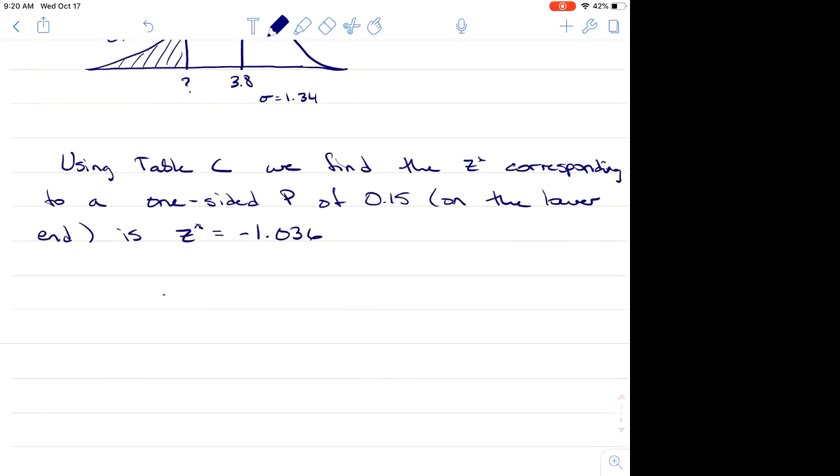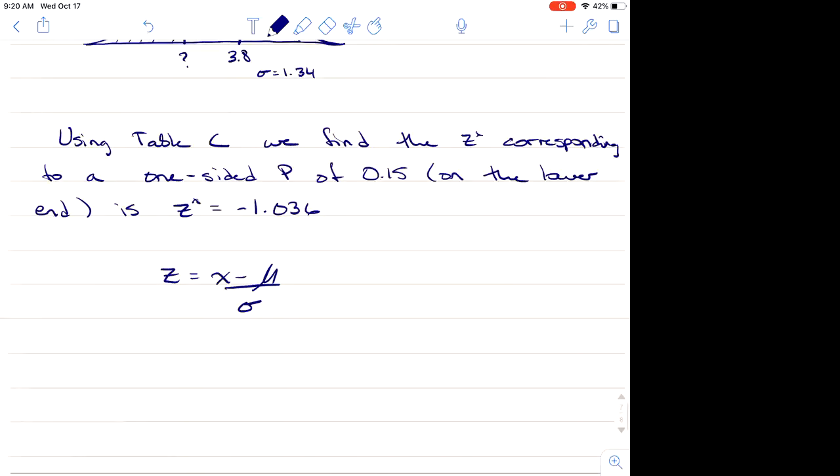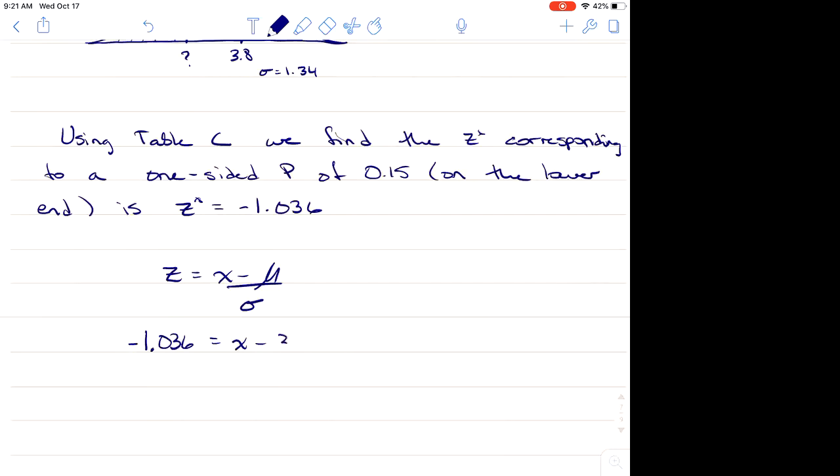So now we have Z equals X minus mu over sigma, or if you want to use that formula for X that's on your formula sheet, you can. But now we use Z is negative 1.036 is X minus mu, which is 3.8, over 1.34.